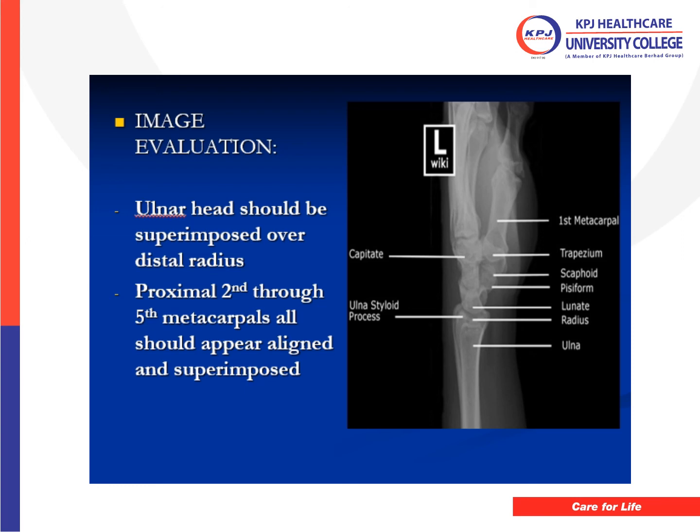That is a true lateral, performing the true lateral position of the wrist. And then proximal second through fifth should all appear aligned and superimposed. They appear aligned and superimposed, including the thumb, the first metacarpal, and the others, you make sure that it's a straight line. Same as this. Indication as well, the radius and ulna, part of it, this part. Proximal part. Okay.